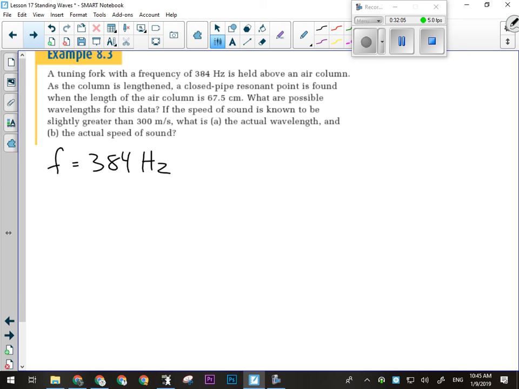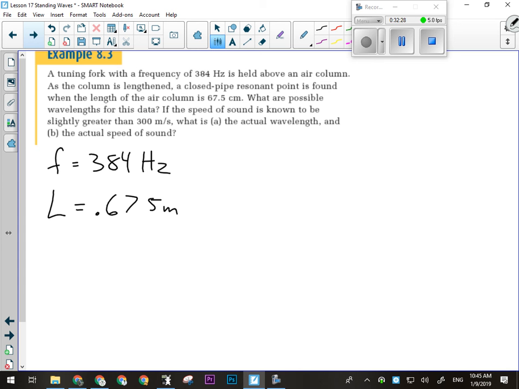As the column is lengthened, exactly what I did, a closed pipe resonant point is found. When it's found, the length of the air column is 67.5 centimeters. We'll just turn that to meters right off: 0.675 meters.